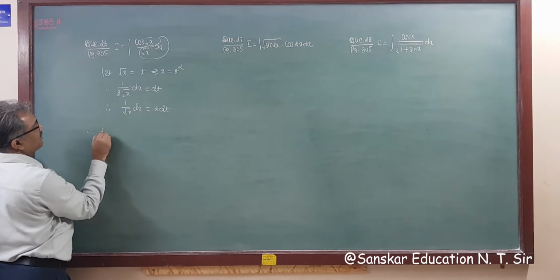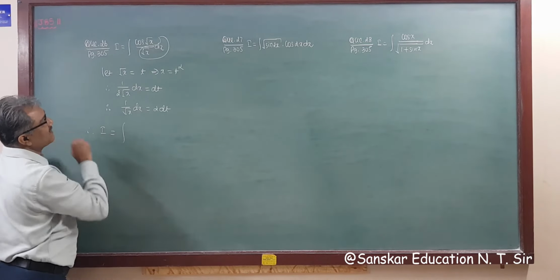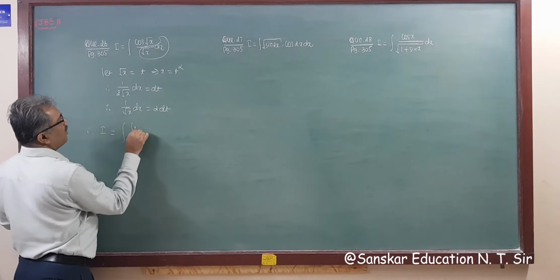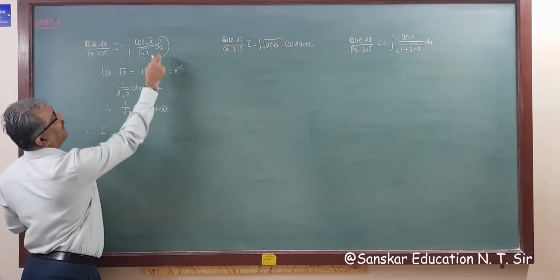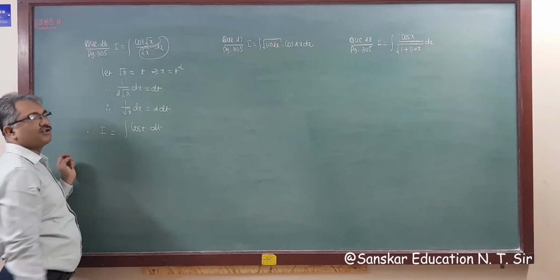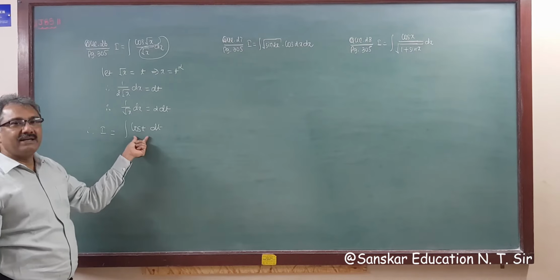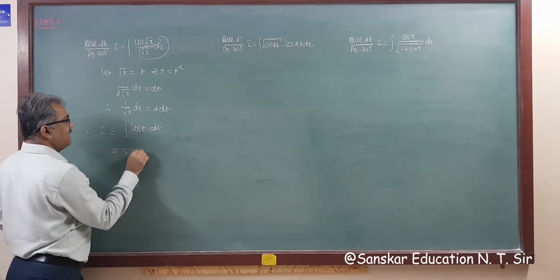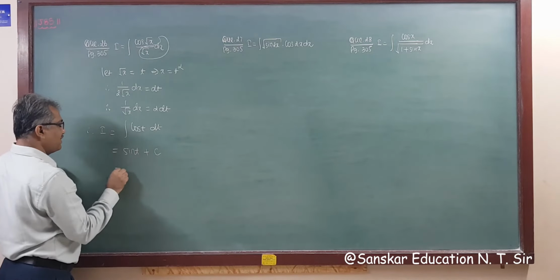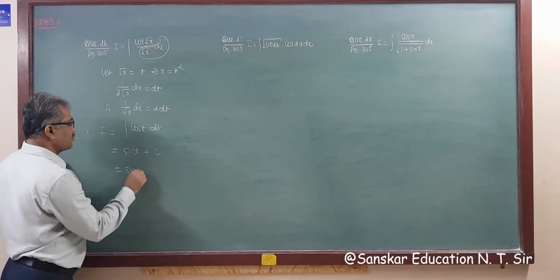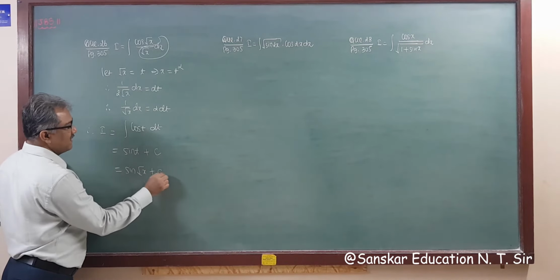Now substituting all these values, I becomes cos root x, that is cos t, and this is dt. So your answer will be integration of cos t dt, and you know integration of cos t is sin t, so the answer will be sin t plus c. Now what is t? t is root x, so the answer is sin root x plus c, right?